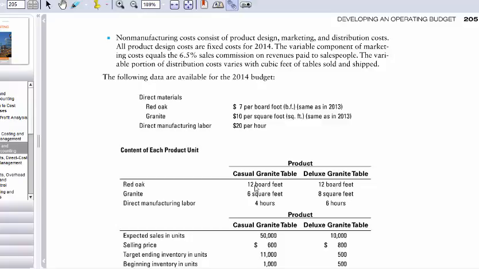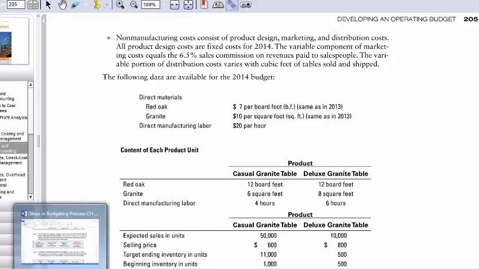All right, so what do we need here? 12 board feet times $7 per board foot. And then our granite is 6 square feet at $10 per square foot and 8 square feet at $10 per square foot. All right, so these are the cost of our items.